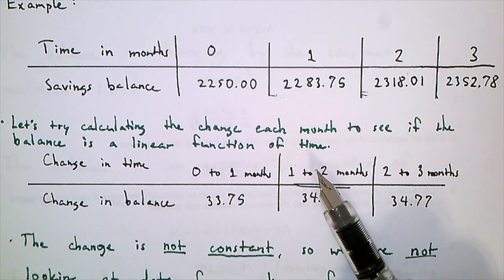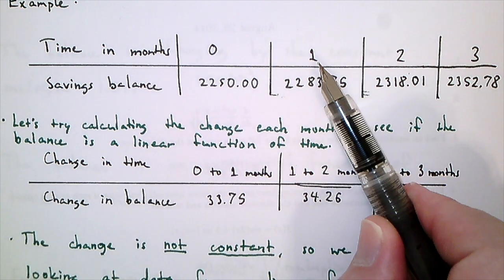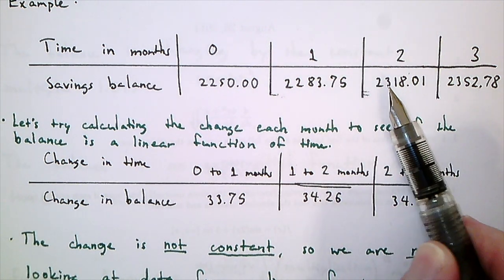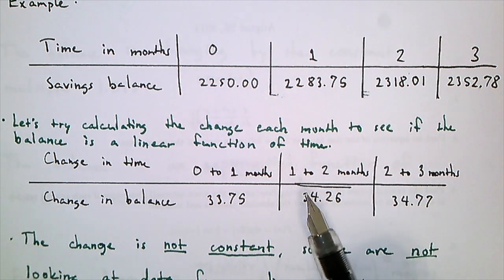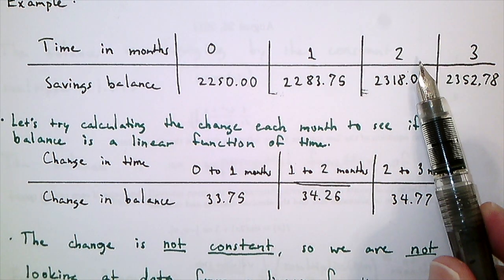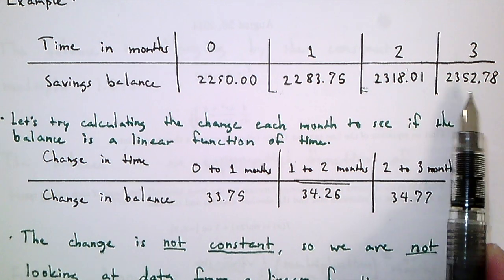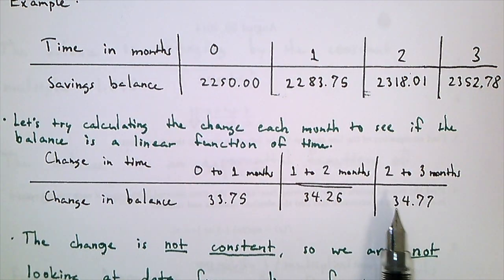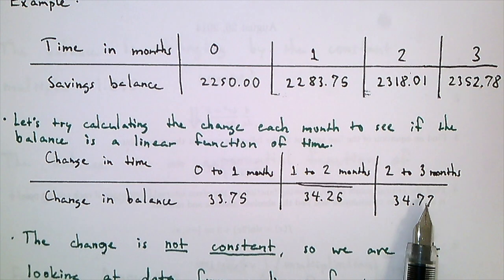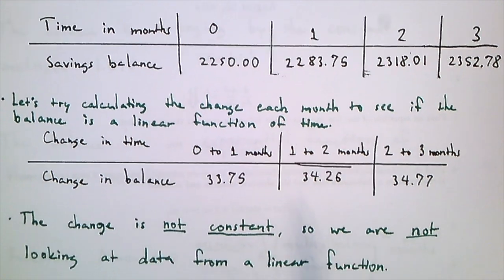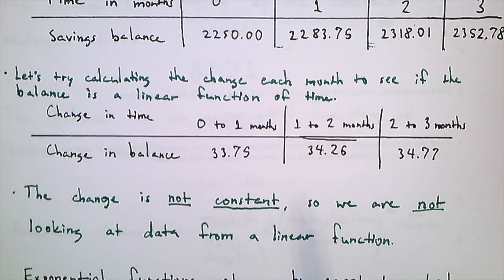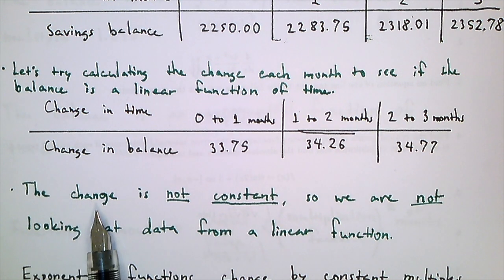Then you would continue calculating the change from month 1 to 2, to get 34.26. And then finish it off with the change from month 2 to month 3 to get 34.77.